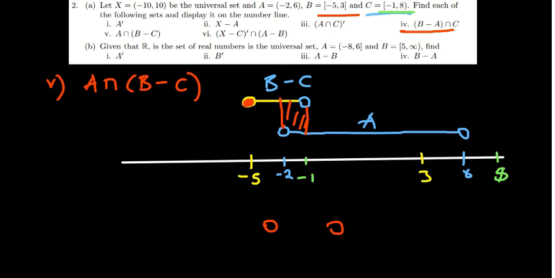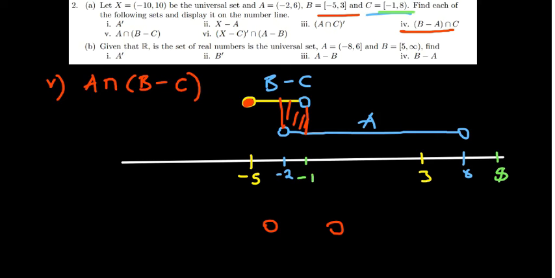But how is this the case? Wait. -2 up to -1 is our intersection between set A and B minus C. Set A is from -2 to 6. B minus C, after removing C, we've remained with that.